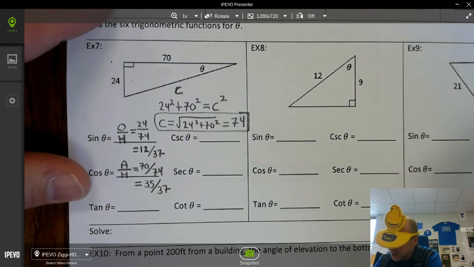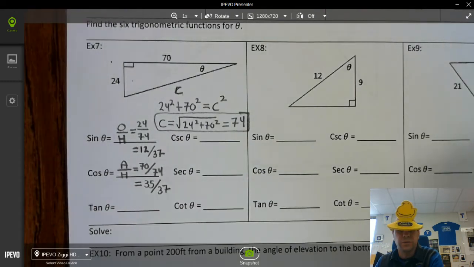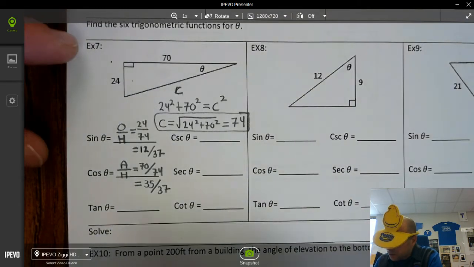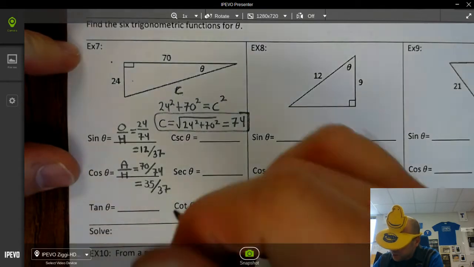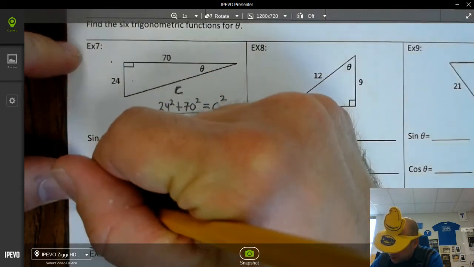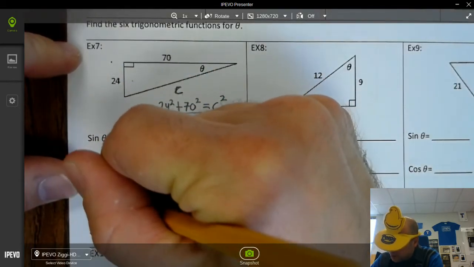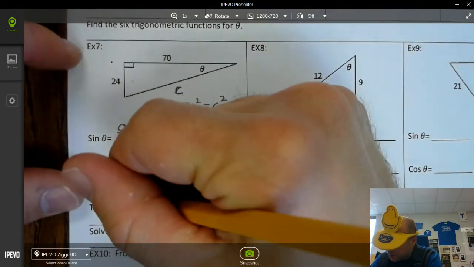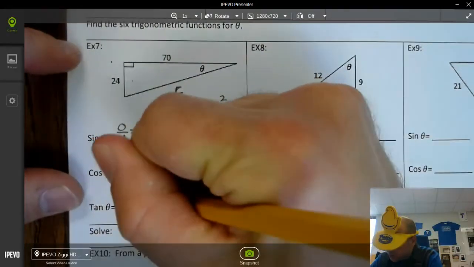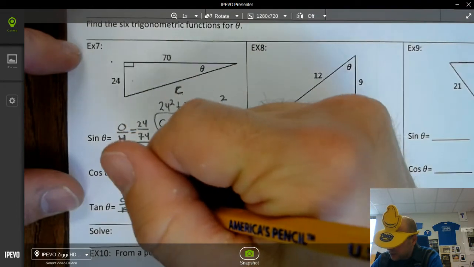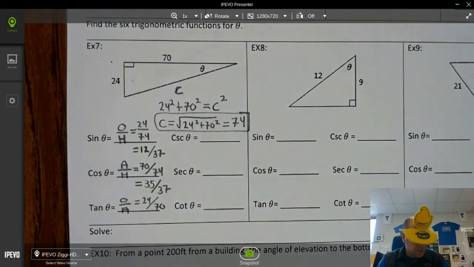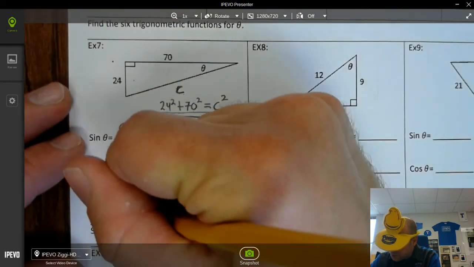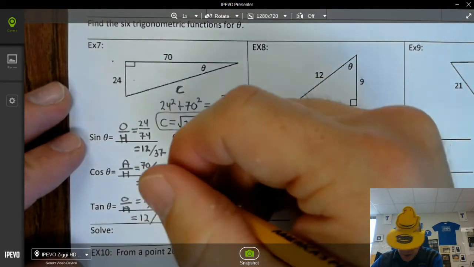Okay, and then tangent of theta is, would you go ahead and pause the video and try tangent of theta on your own? All right, so tangent of theta is opposite over adjacent, which is 24 divided by 70, which reduces to be 12 divided by 35.